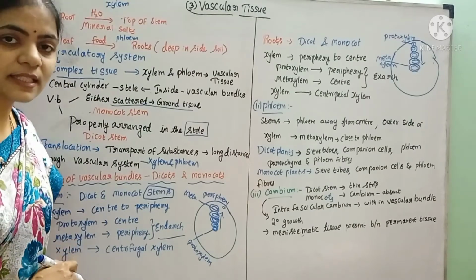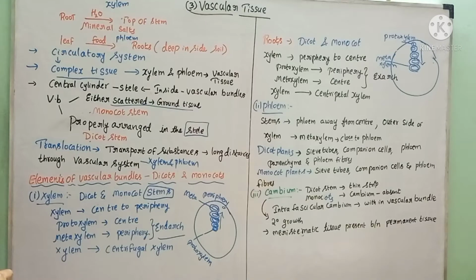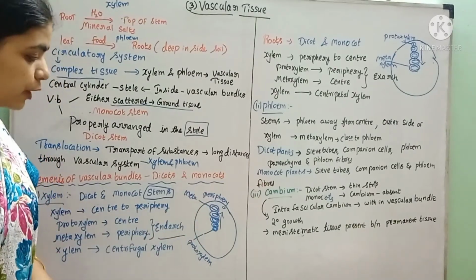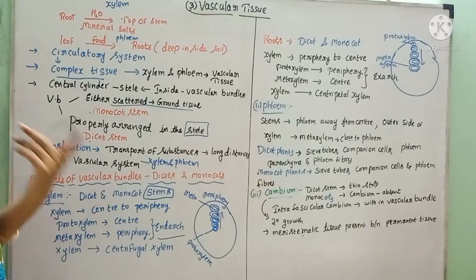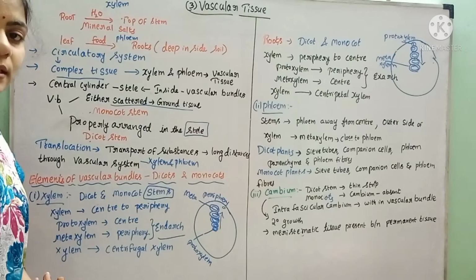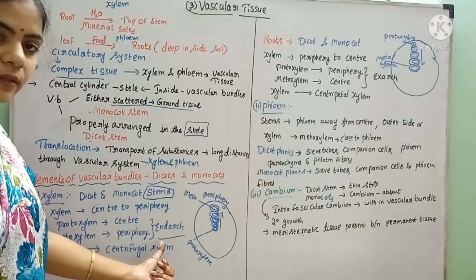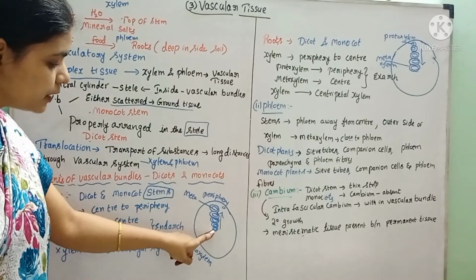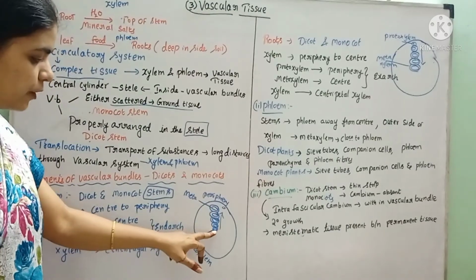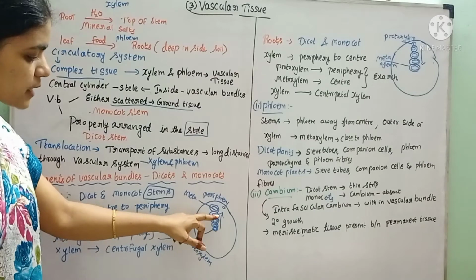We have studied this endarch condition and exarch condition, right? Here, endarch is nothing but the xylem is formed from the center to the periphery. Depending upon the development, the xylem is said to be in the endarch condition. Endarch means from the center to the periphery the xylem has developed. This is the center, and from this center the xylem is developing.